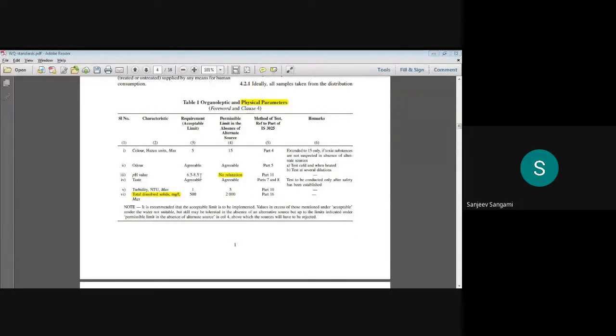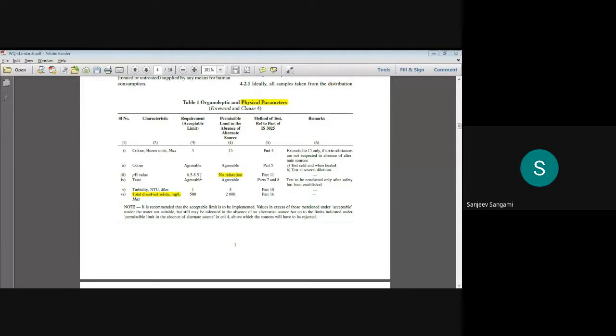For example, if you drink a pH of 6, what is happening to your body? If you drink a pH value of 10, what is going to happen to your body? Suppose the odor is disagreeable, meaning any smell is coming, how exactly has it to be decided?